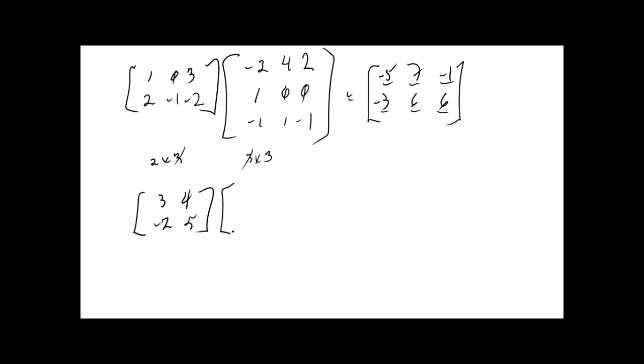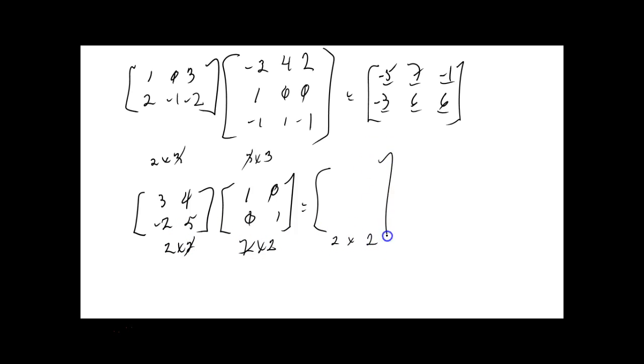Multiply that by 1, 0, 0, 1. Okay. Can you multiply those two? What are they? 2 by 2 by a 2 by 2, and that's going to give us a 2 by 2. Okay, I'll buy that. That'll be 2 rows, 2 columns.